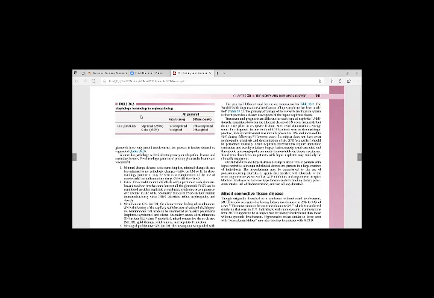How will you decide whether it is segmental or global? It will be decided on the histology. On histology, you will find whether it is focal or diffuse, and if it is focal, whether it is segmental or global. Then if it is diffuse, is it segmental or global?